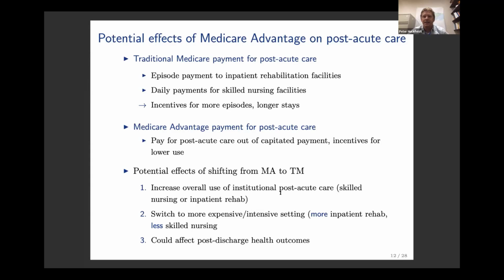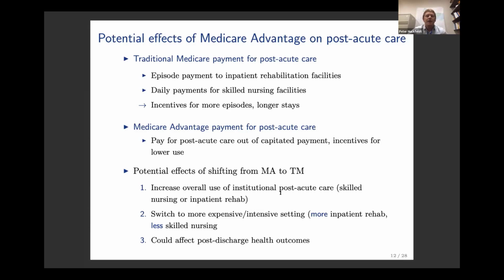So that brings us to our potential hypothesized effects of Ohio public retirees shifting from Medicare Advantage to traditional Medicare. So first, this could result in overall higher use of institutional post-acute care as they move to traditional Medicare where this is not being managed as closely.